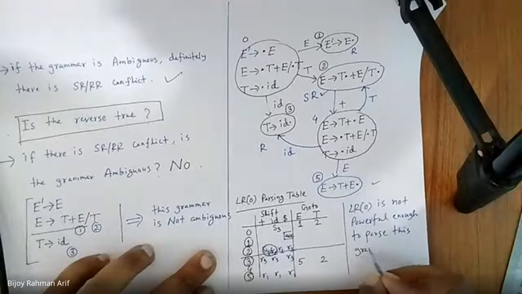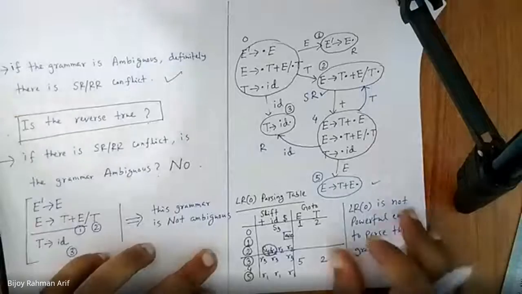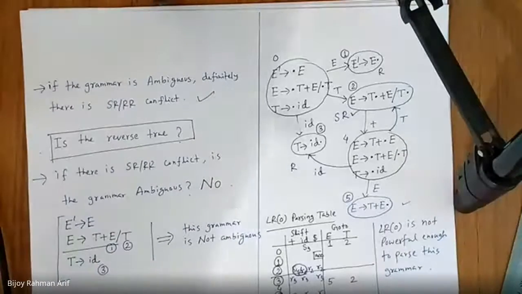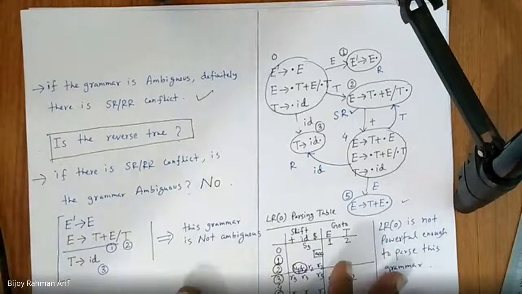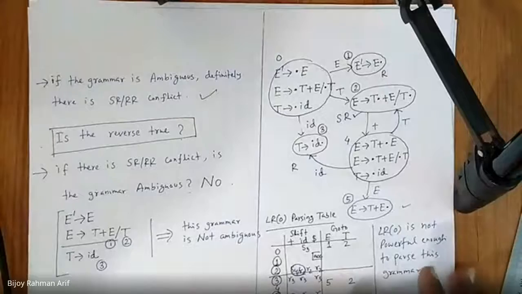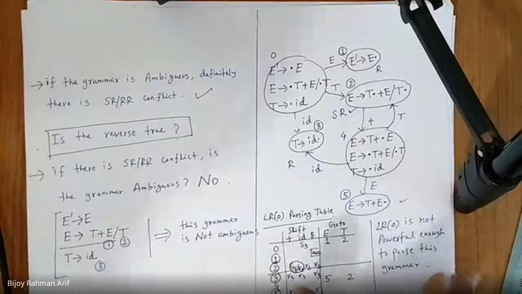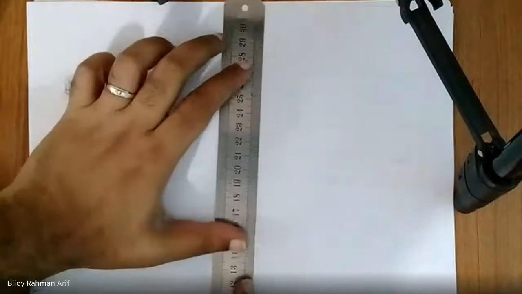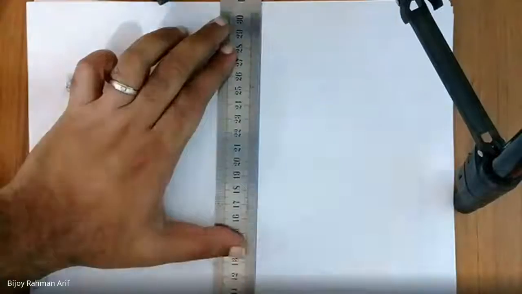So naturally you might ask, sir, is there any more powerful parser? Yes, there is a more powerful parser. So what is the next powerful parser? SLR1 or standard LR parser.